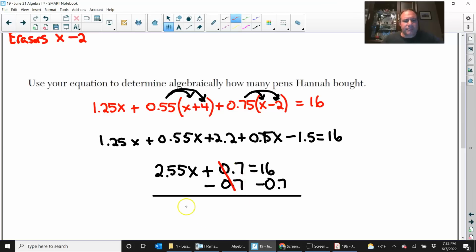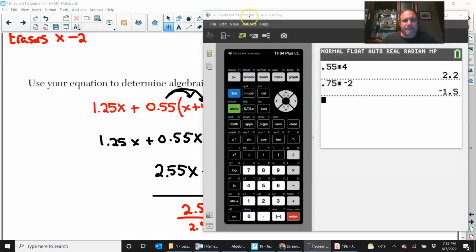You subtract 0.7 on both sides, you get 2.55x equals 15.3, and you divide by 2.55. 15.3 divided by 2.55 equals 6.